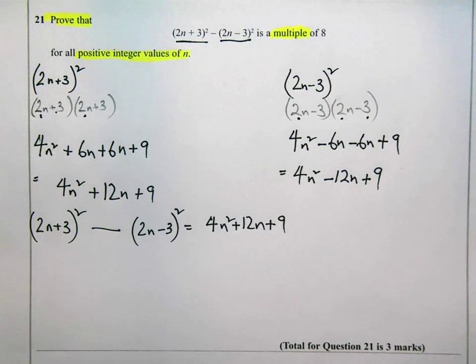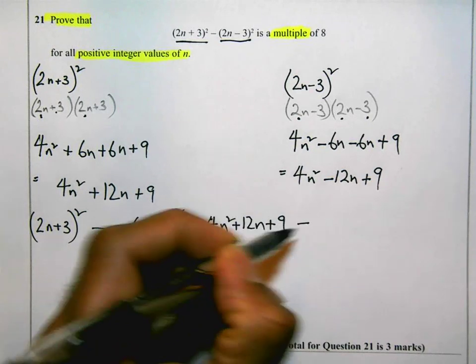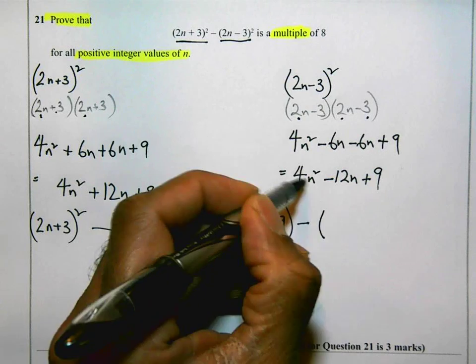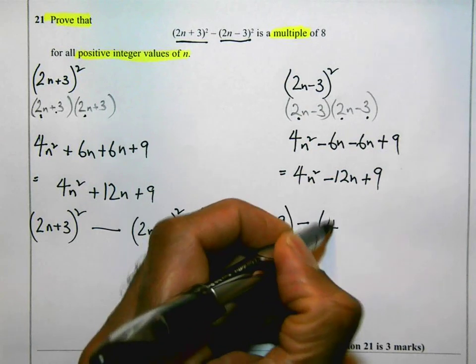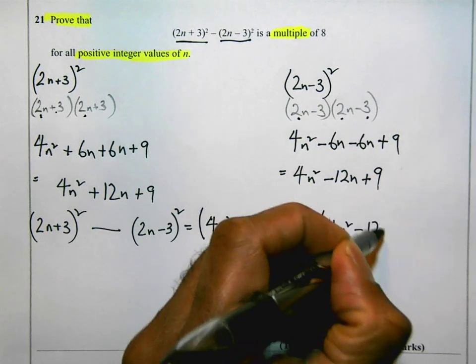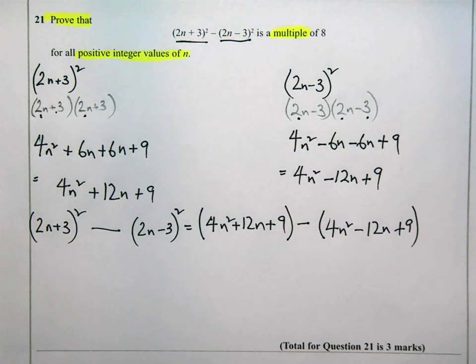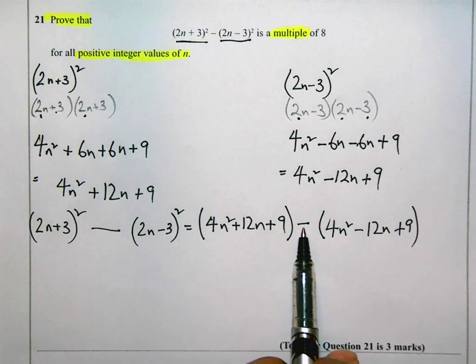And I'm going to take away 4n squared minus 12n plus 9. I've put them in brackets for a purpose, because this minus sign here is the take away that's happening between them.